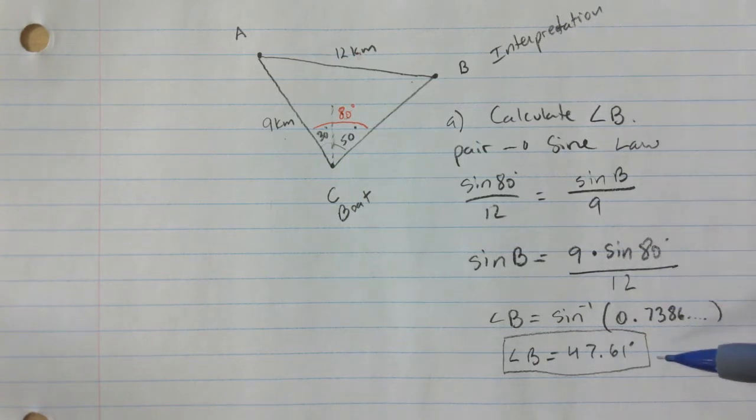Okay, so that's the work to find angle B. Notice that the wording could have been: determine the angle between the line of sight from tower B, between tower A and the boat, or something like that.